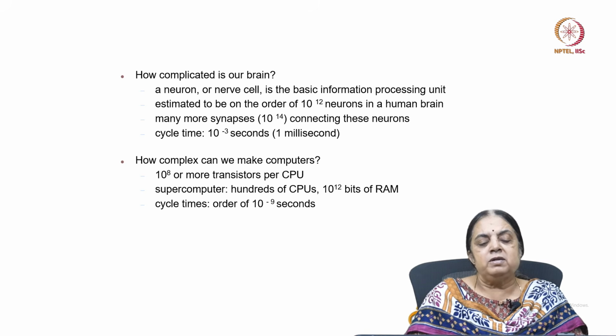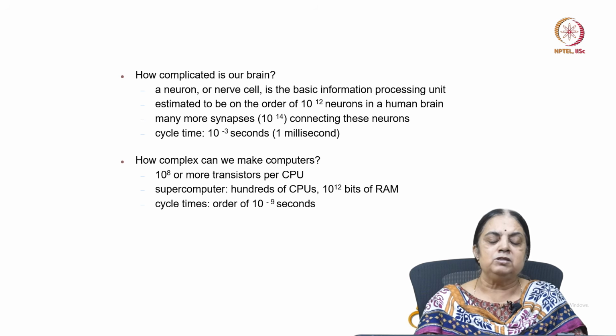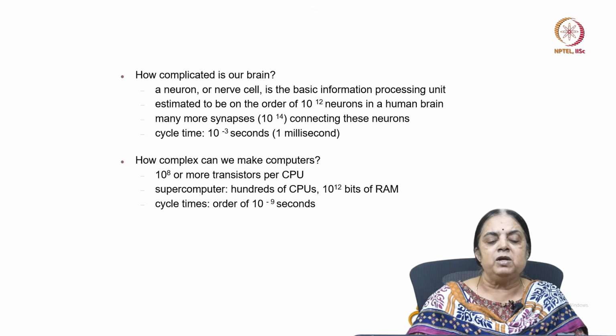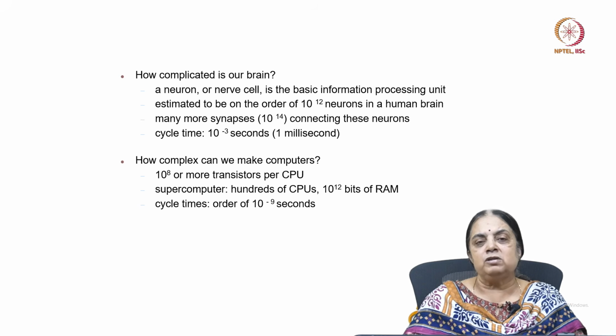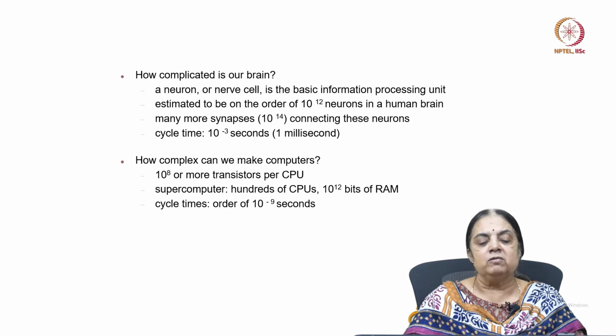Okay, so if we want to compare our brain with the computer, what are the differences between the brain and the computer? What you find is that in the brain you have the neuron, which is called the nerve cell. Okay, so that is the basic information processing unit, basically. We have about 10 to the 12 neurons in the human brain.